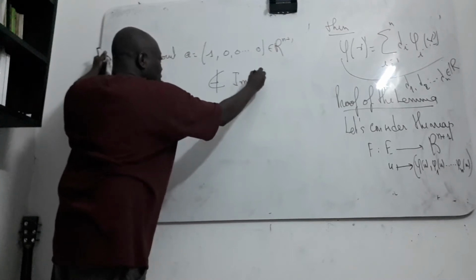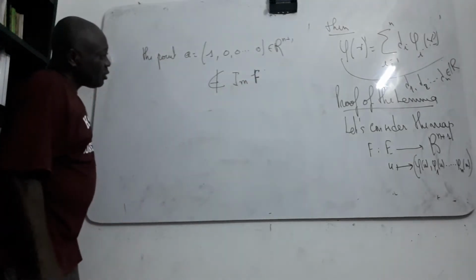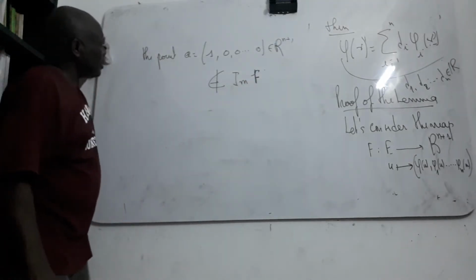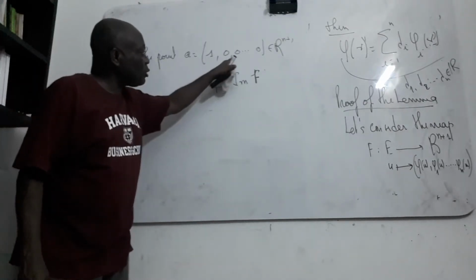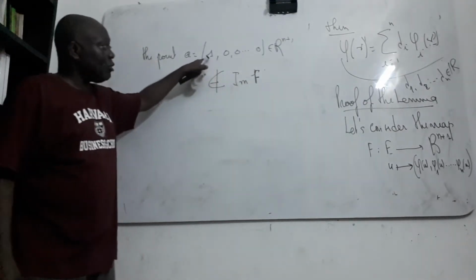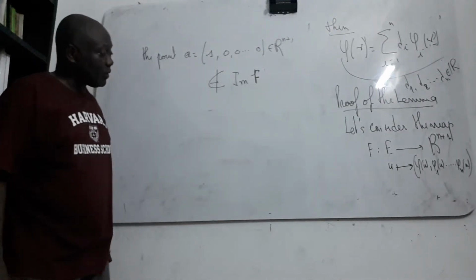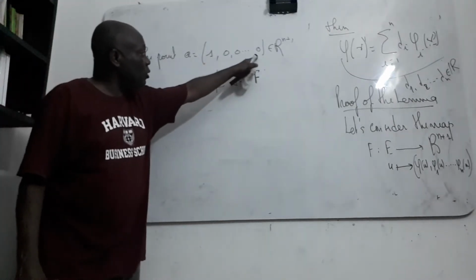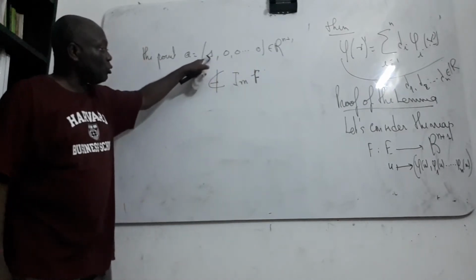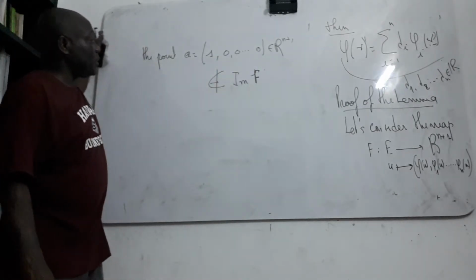It's not an element of the image because all of this is equal to 0, but this one is not equal to 0. So it's not an element of the image of this function.